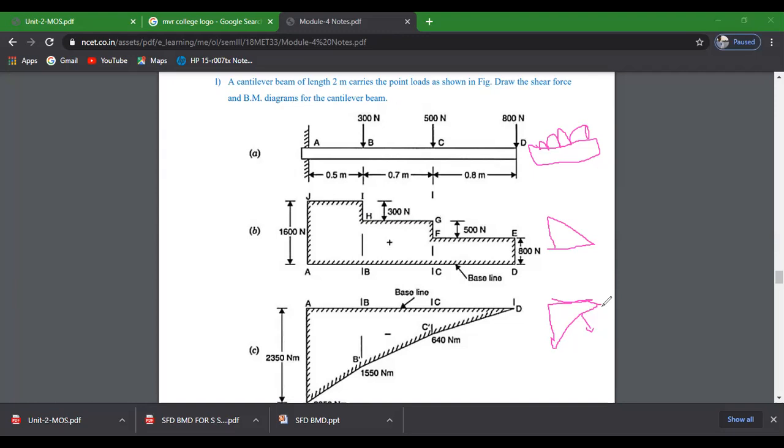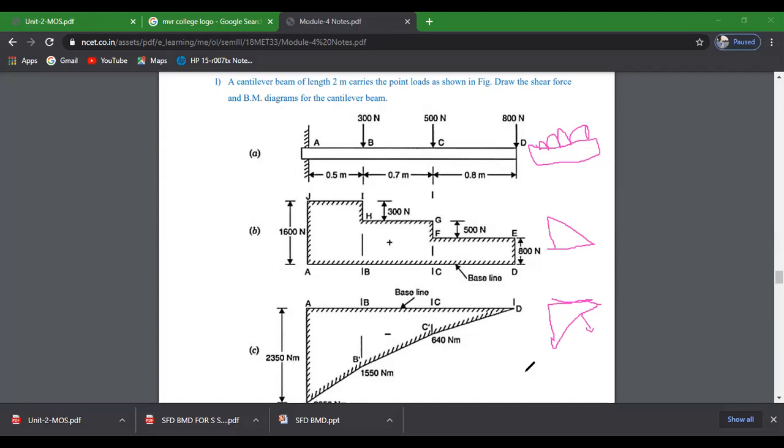For the point load, the SFD is represented by straight lines. In case of a UDL, the SFD will be inclined lines. In case of point loads, the bending moments will be inclined lines, and in case of a UDL, the bending moments will be represented by a parabolic curve, a second degree parabolic curve. For the UVL, a third degree parabolic curve will be used.